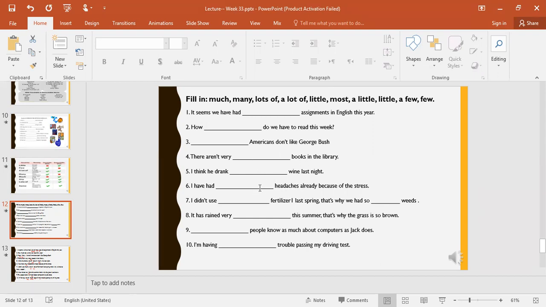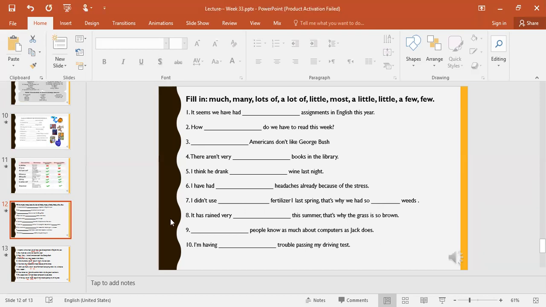Yes, lots of, many. I didn't use fertilizers last spring. That's why we had so weeds. Yes, Lamar. I didn't use a lot of fertilizer last spring. That's why we had so many weeds.